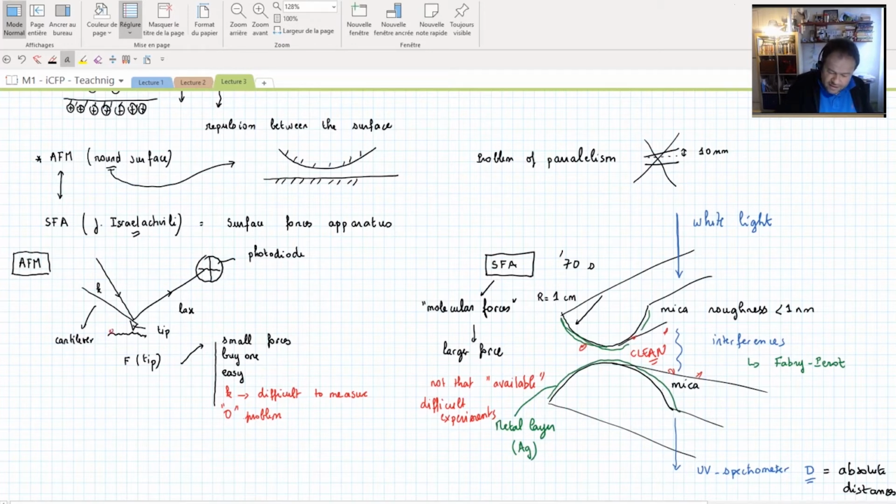Whereas in the AFM, if you have some dust, you don't care because you can do the experiments in between two dust particles. So AFM experiments are much easier than the surface force apparatus experiments. Okay, so to measure the force at small distances, you have all these techniques available.